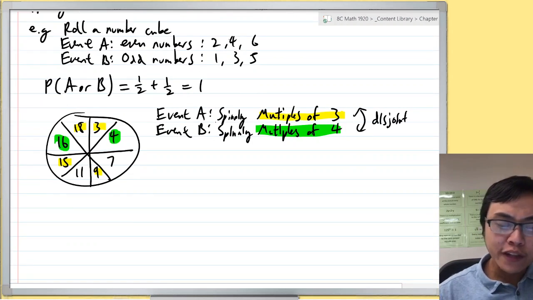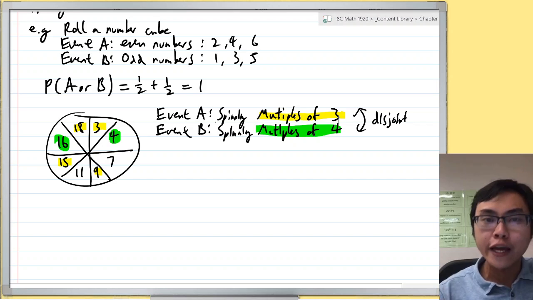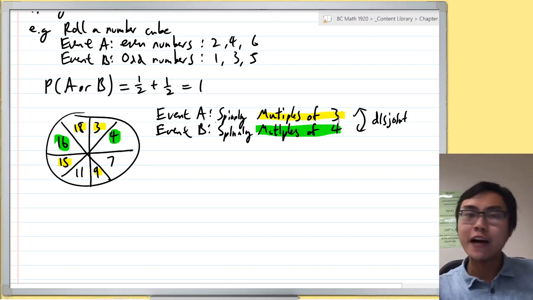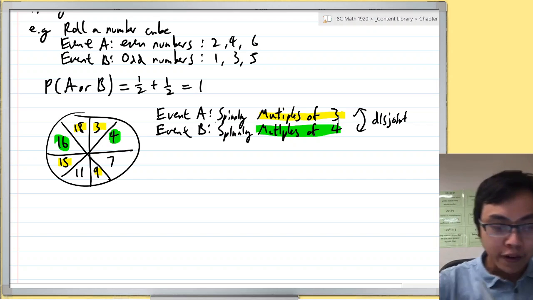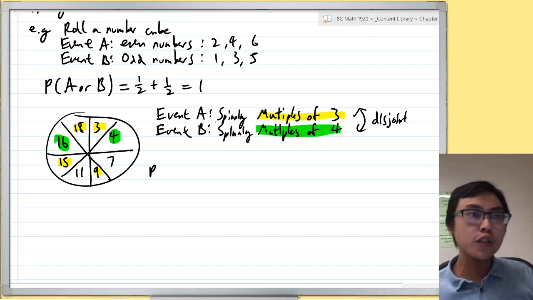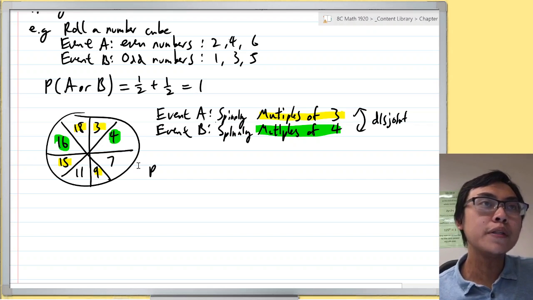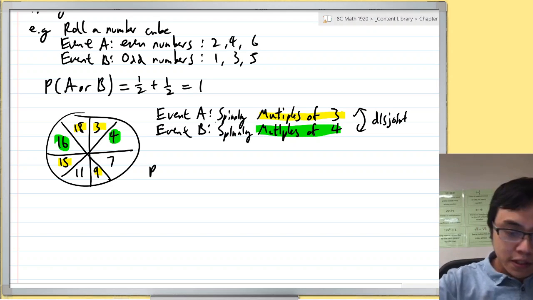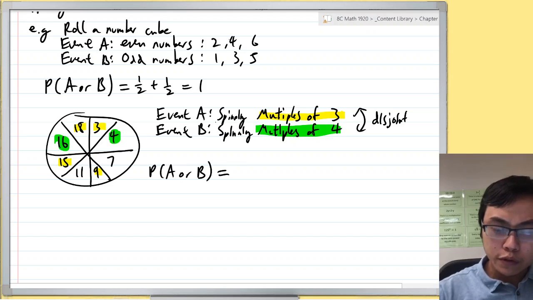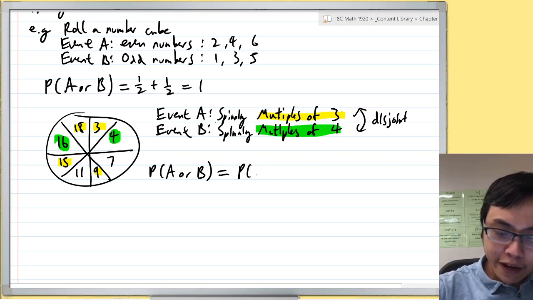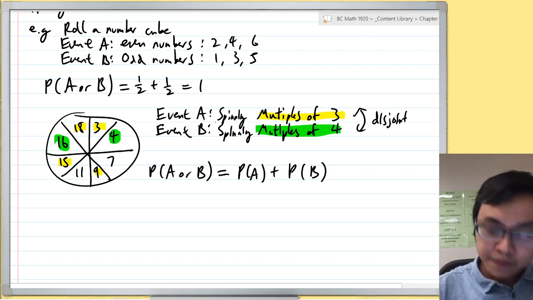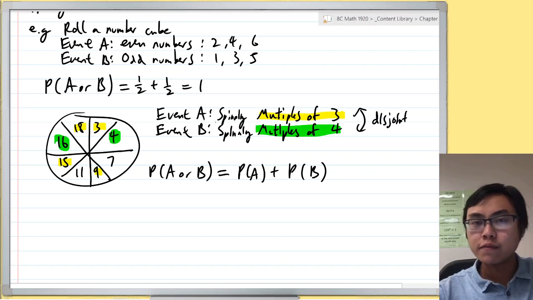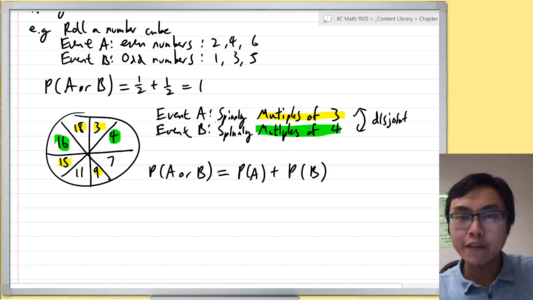So if I want to find the probability of either A or B, I'm satisfied with either spinning a multiple of 3 or spinning a multiple of 4. We usually write it this way: the probability of A or B is equal to the probability of A plus the probability of B, if they are disjoint, with no overlapping events.